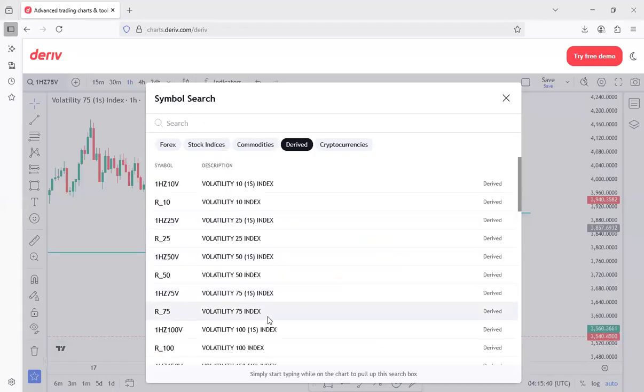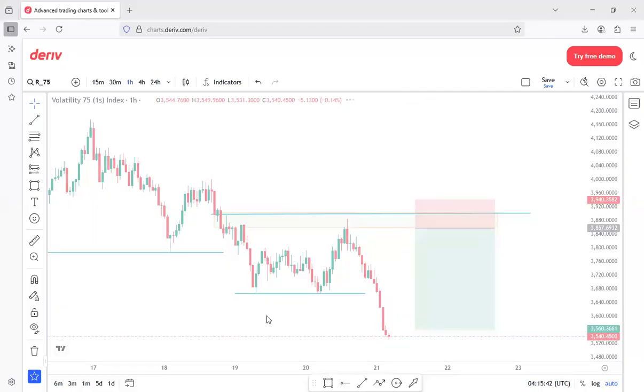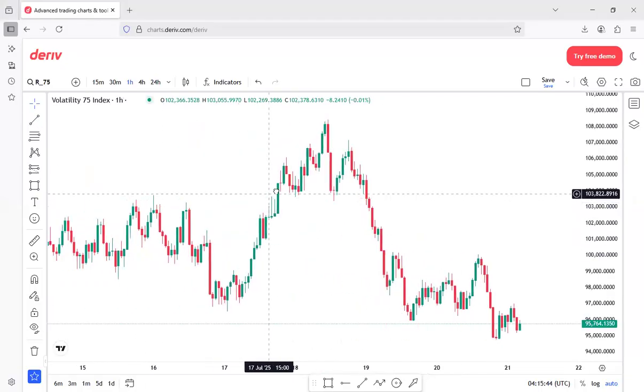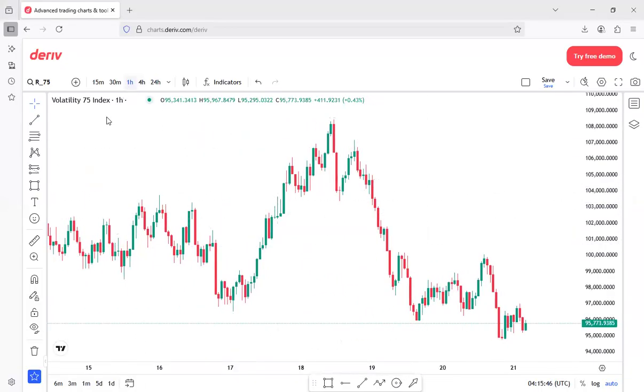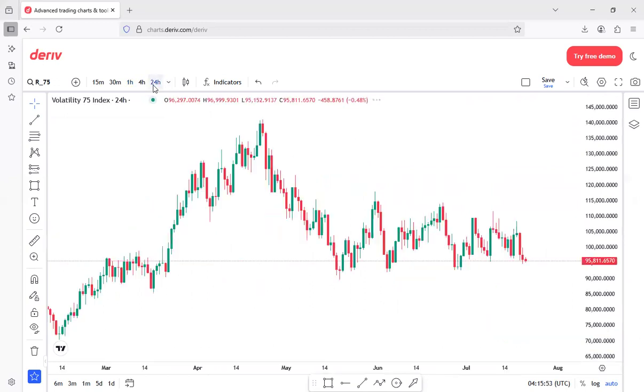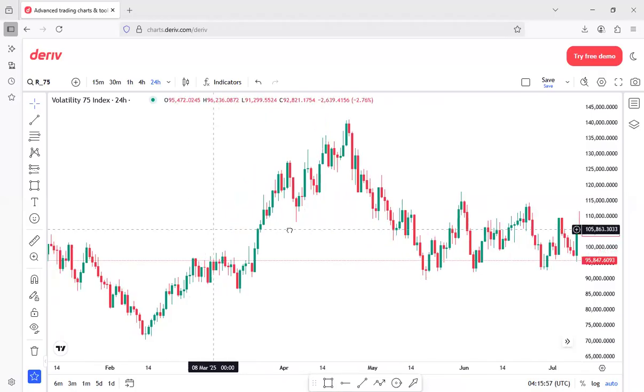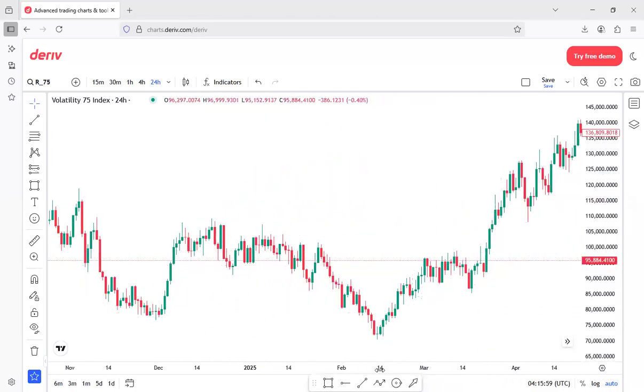75 index. Let's look at what the 75 index has for us. The 1 hour time frame is currently giving us that 75 index is bearish. And then we'll go to the higher time frame to see the overall view of 75 index. If you notice, price was bullish, and created these lowest points that caused this massive push to the upside.